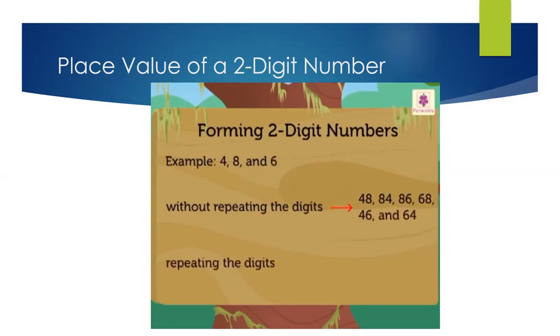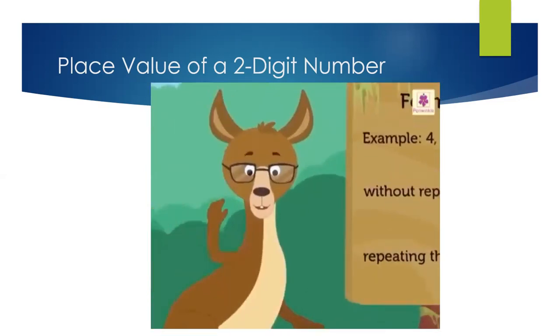And on repeating these digits, we can form three more numbers. They are 44, 66 and 88. Wow! So many two-digit numbers can be formed using three digits. Hope you had fun learning with Carrie.